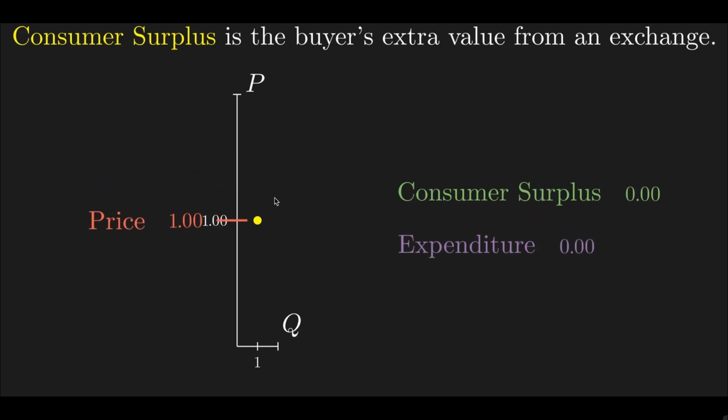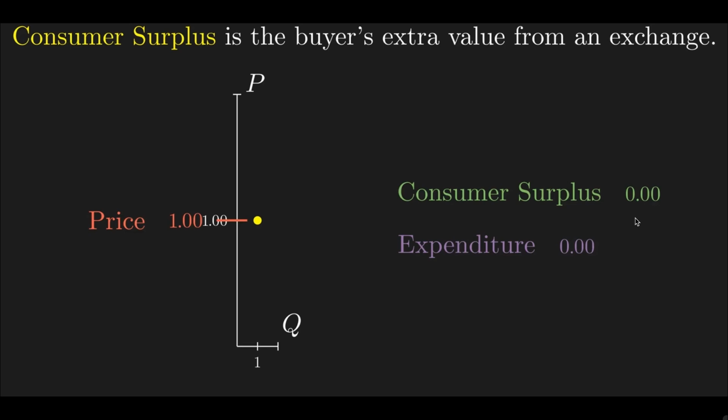If we lower the price down to exactly $1, this becomes a bit ambiguous. What I've represented here is that Amanda Grace isn't engaging in this exchange. Her willingness to pay is $1. She could pay $1 if she wanted to, but she's kind of indifferent. So we're going to say she doesn't actually engage in this exchange, but she equally could engage in this exchange. And if that were true, we'd have an expenditure of $1 because Amanda Grace would be buying the thing for $1, but her consumer surplus would be 0 still.